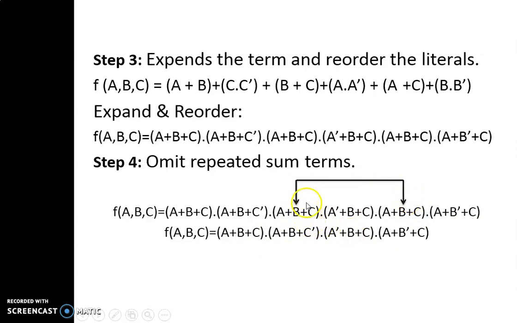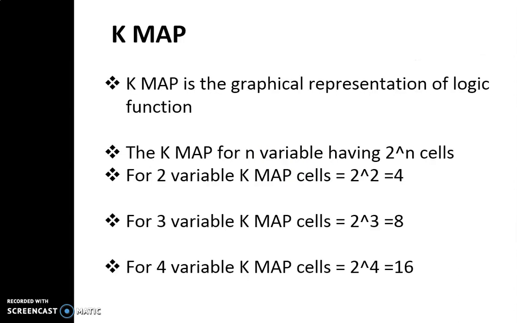As per the rule, A dot A is equal to A, and for SOP form, A plus A is equal to A. Like this we can convert to standard SOP and standard POS form. In the next lecture we will take the implementation of K-map.